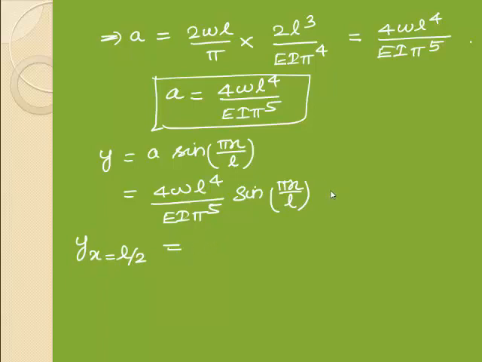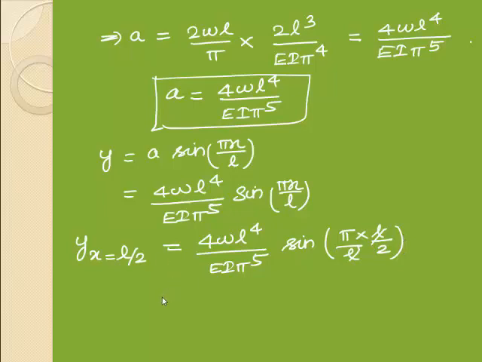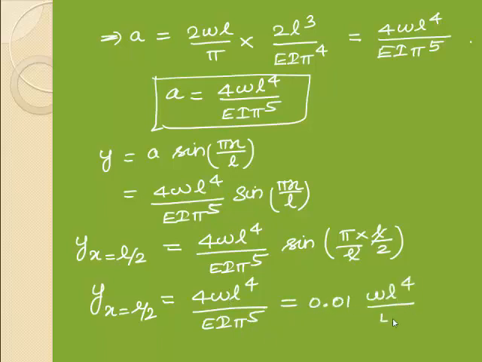So in the above expression, we can substitute the value of x as L by 2 to find out the maximum deflection. So 4 W L power 4 divided by EI pi power 5 into sin pi into L by 2 by L. So sin pi by 2 value is 1. So simply y at x is equal to L by 2 is 4 W L power 4 by EI pi power 5. On simplifying, 4 by pi power 5 will be 0.01 W L power 4 by EI.